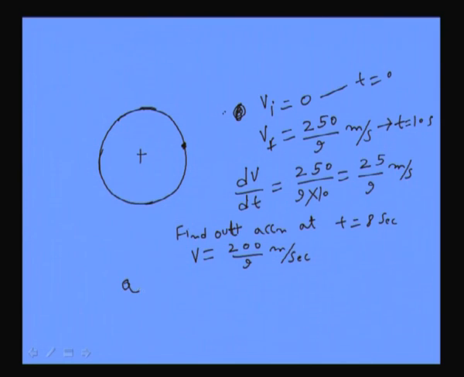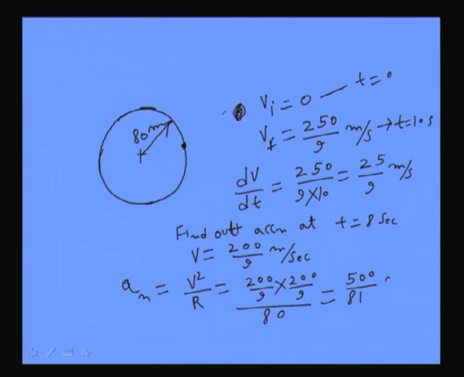Therefore, the normal component of the acceleration an will be equal to v square by r, where r is the radius of the circle. Supposing the radius of the circle has been given as 80 meter, you get 200 by 9 into 200 by 9 divided by 80, which comes out to be 500 by 81 meter per second square.